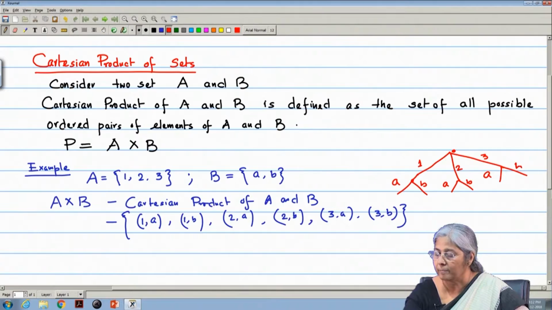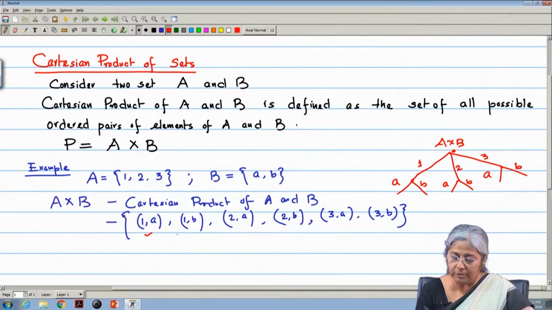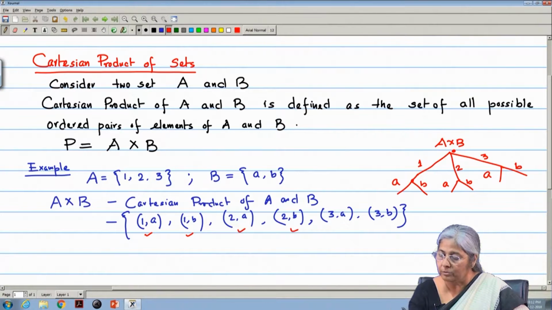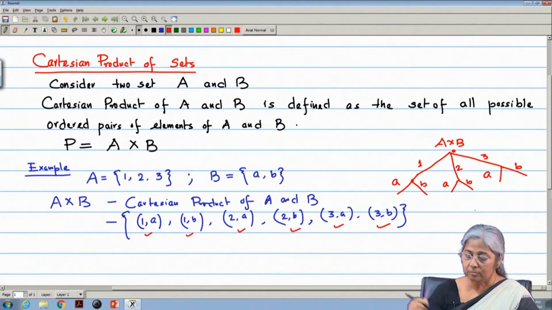So, in this tree we get 1a, 1b, 2a, 2b, then 3a, 3b. So, we get all possible pairs. What is the cardinality of this set?